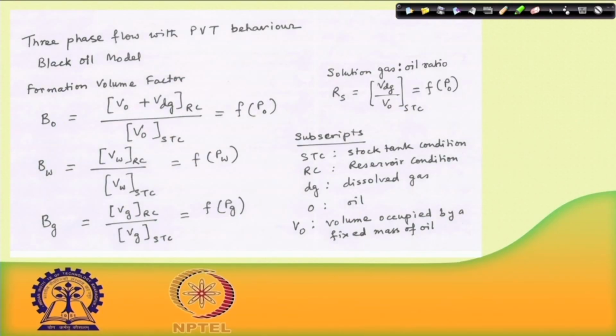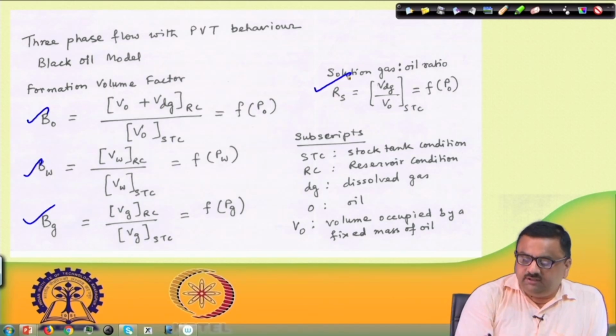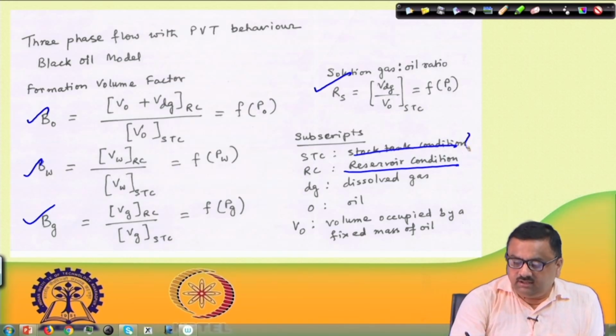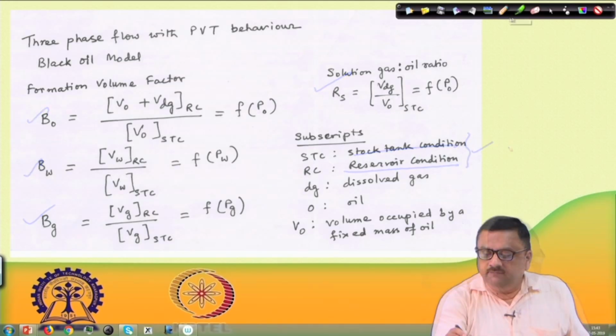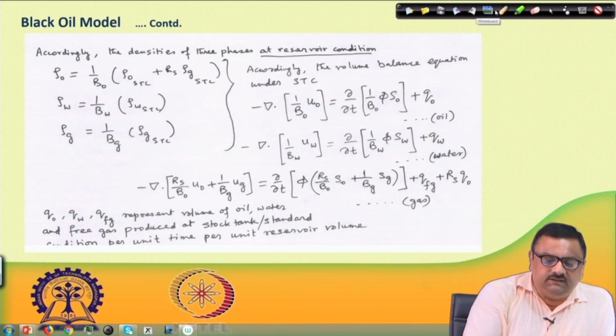We had already talked about these formation volume factors for oil, water and gas and solution gas oil ratio. We had talked about stock tank condition and reservoir conditions, what these are. If we try to draw this, it would appear like this.